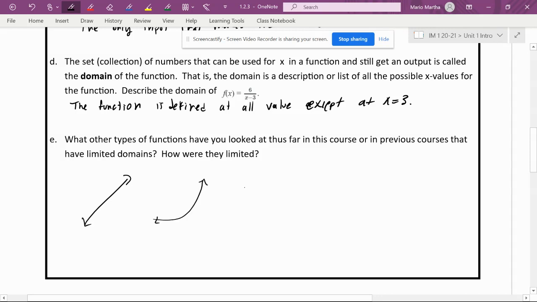You've also seen the parabolas, and then you also have a cubic function. You will get to explore these different functions later on in the course.